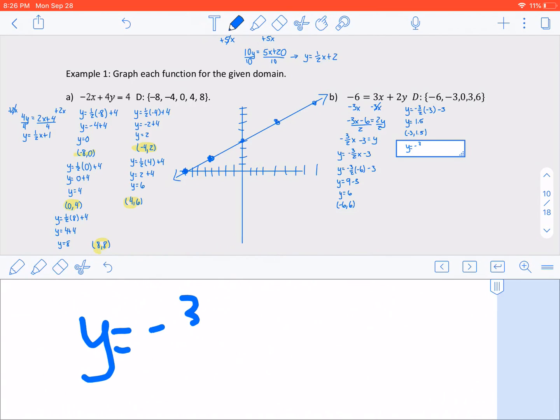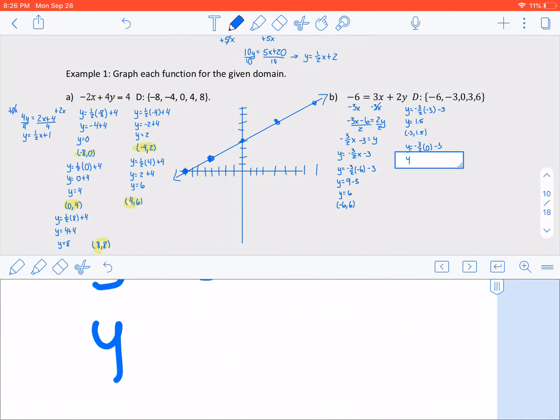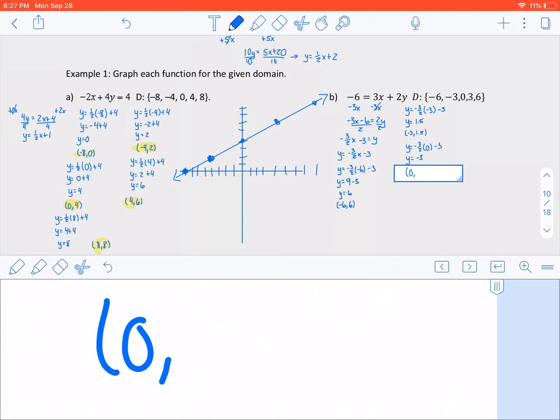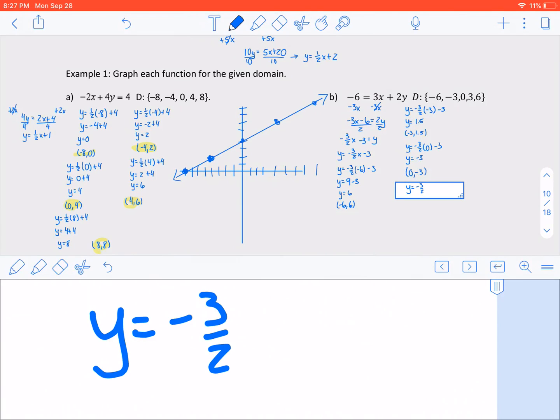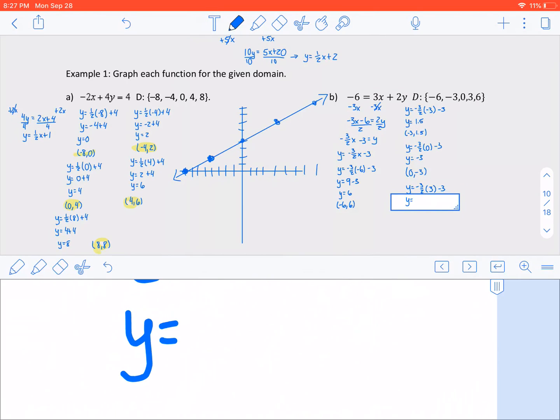Y equals negative 3 halves times 0 minus 3. Y equals 0 minus 3, which is negative 3. So my ordered pair is going to be, when I plug in 0, I get negative 3. Next one, y equals negative 3 halves times 3 minus 3. Y equals negative 3 times 3 is negative 9 divided by 2, which is negative 4.5, minus 3, which is negative 7.5.